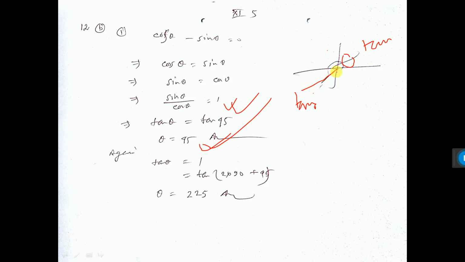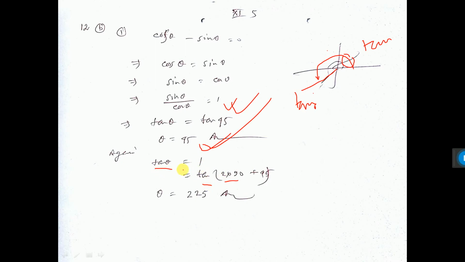How to go to the third quadrant? You see 1 into 90, 2 into 90 plus something. So if you do 2 into 90 plus something, that is 180 plus 45. Its value is also 1. Now tan cancels on both sides.